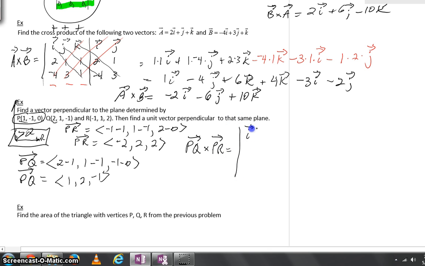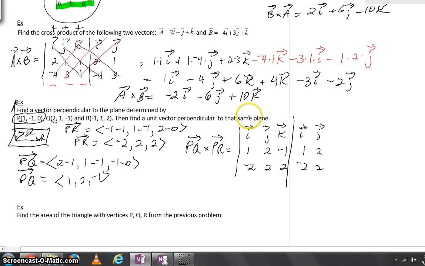We'll say here's i, here's j, and here's k. Well, let's take a look at PQ. We'd have 1, 2, negative 1. Over here, we'd have negative 2, 2, and 2. What do we do? Well, we recopy our first 2 columns, just like so.